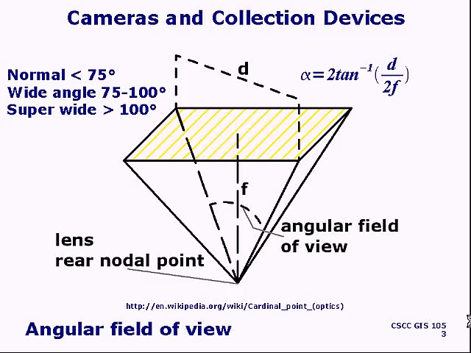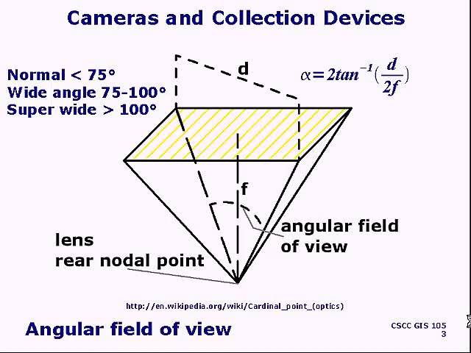That upside down pyramid represents light coming through the lens, at the back of the lens, the rear nodal point. If you want a good definition of what the rear nodal point is, you can check out that link. But in essence, all the light comes into the camera from different angles. It passes into the lens and then passes out of the lens behind it and then strikes the film.